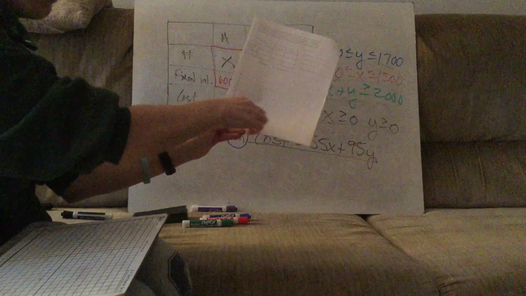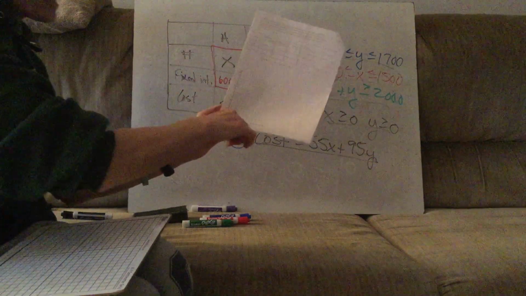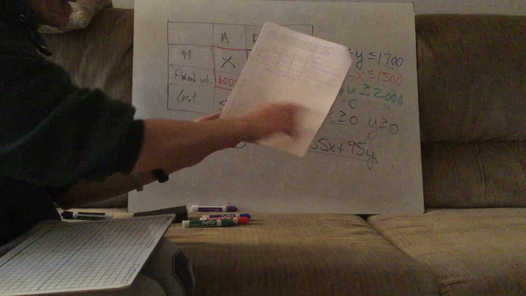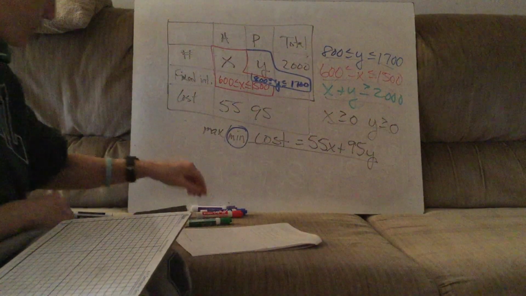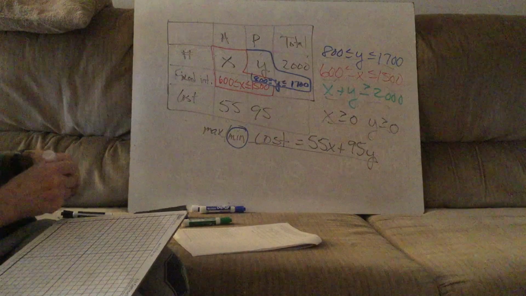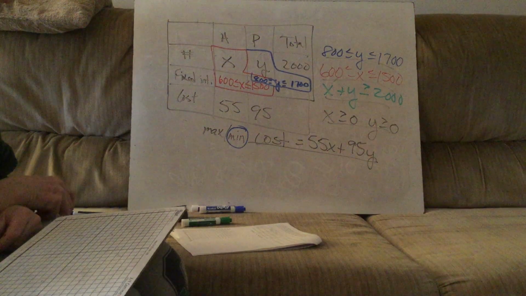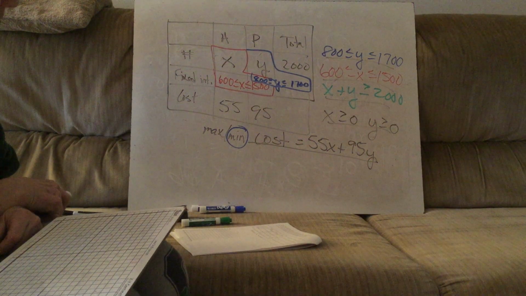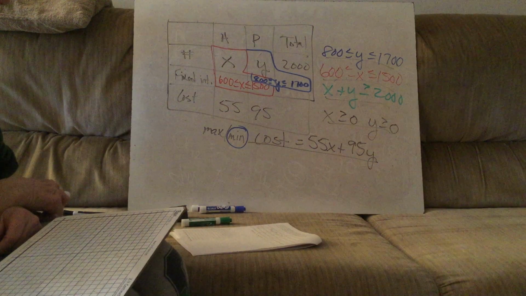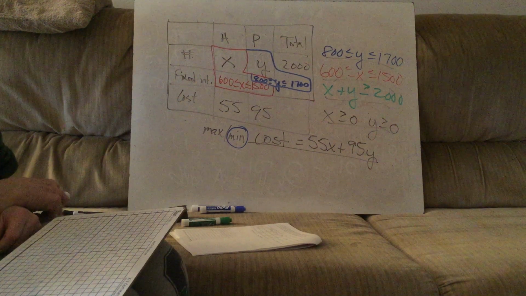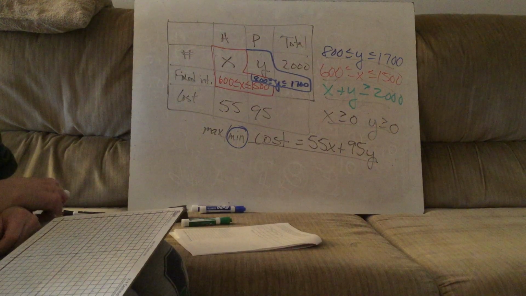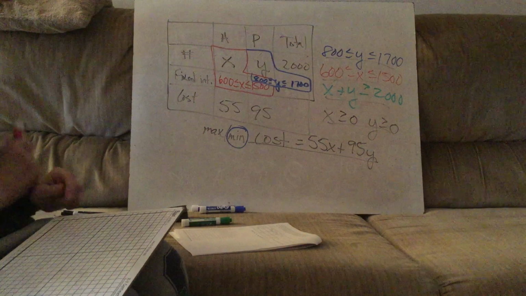If you need to make your graph bigger, extend the lines, make more boxes, perfectly fine. Do it. Don't get confused or sweat it. Just make your graph bigger if you need it. Now, I got to decide, these are really big numbers, guys. These are really big. So I am thinking I'm going to use a scale of 100.